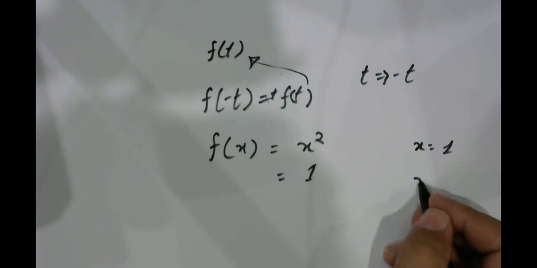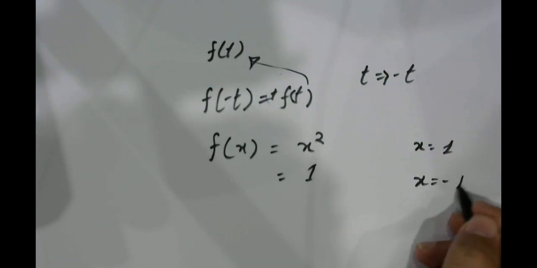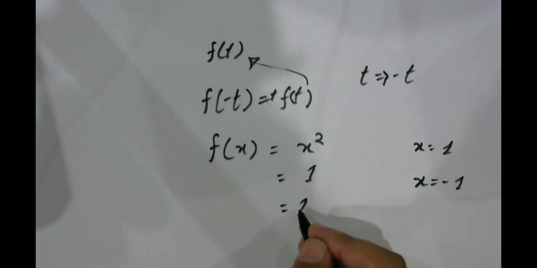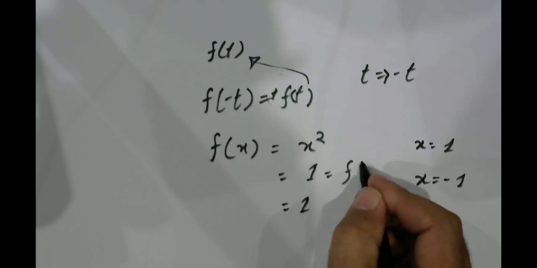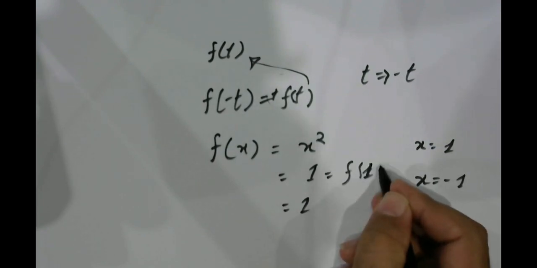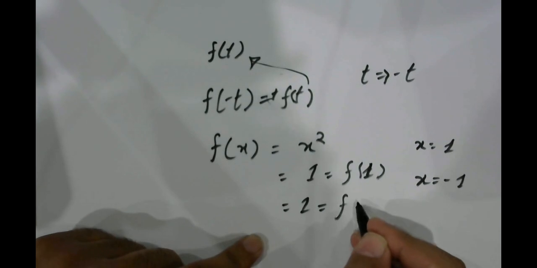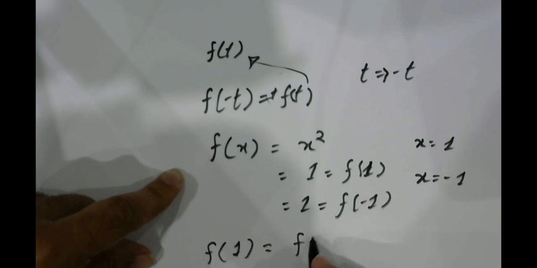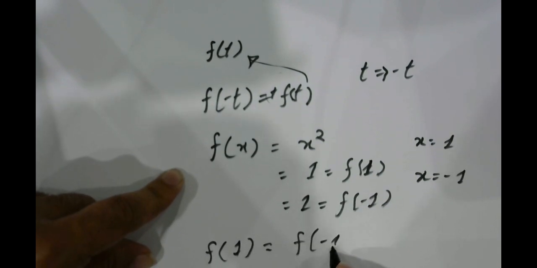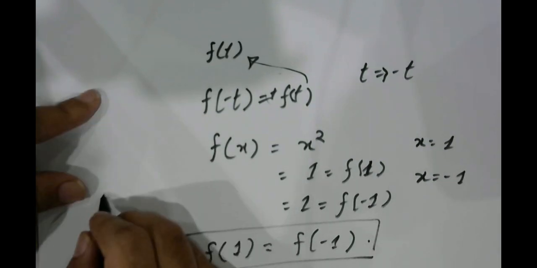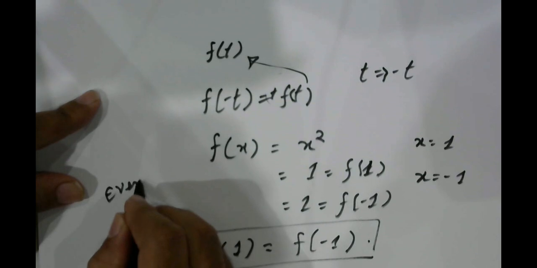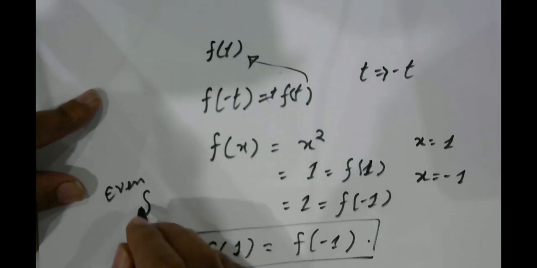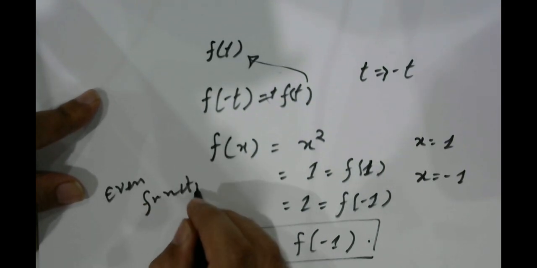If you put minus 1 here, this will again give you 1. So f of 1 is equal to f of minus 1, right? So this is an even function. You can straight away say that this is an even function.